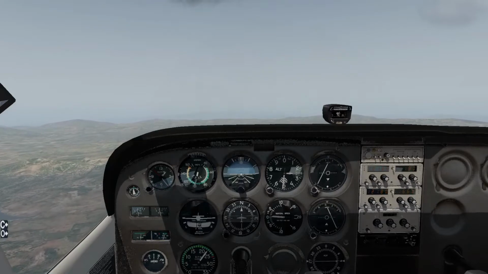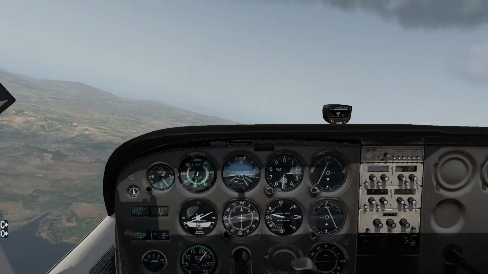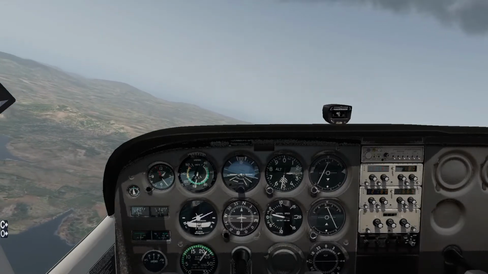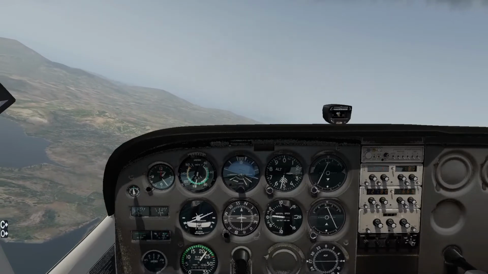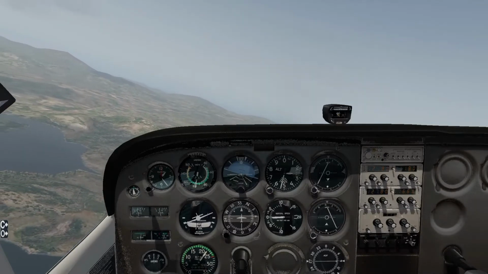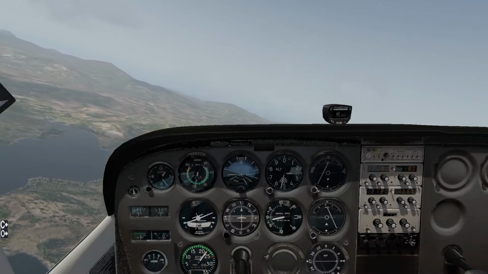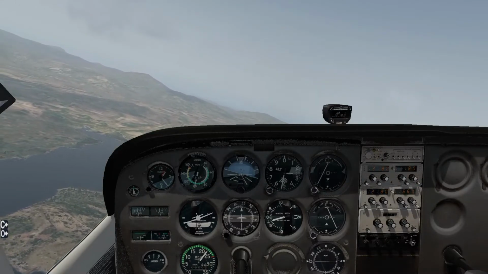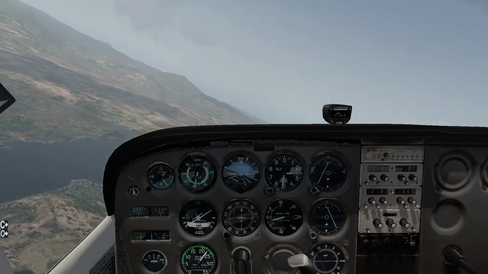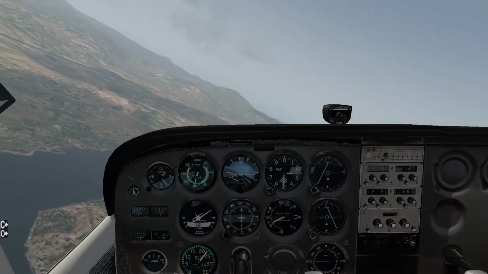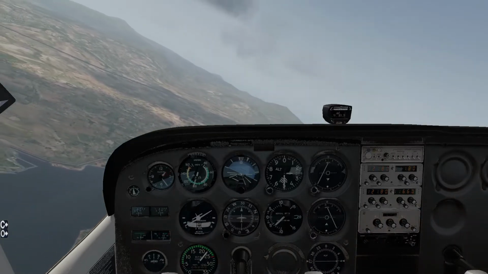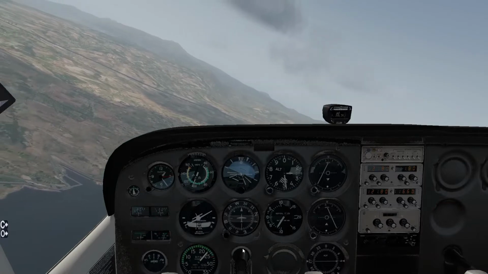So, the banking of the main wing causes the lift generated by it to tilt. This provides a horizontal turning force, which is known as centripetal force. The greater the bank angle, the greater the force which turns the aircraft. However, notice that as the aircraft is turning, I'm losing altitude.